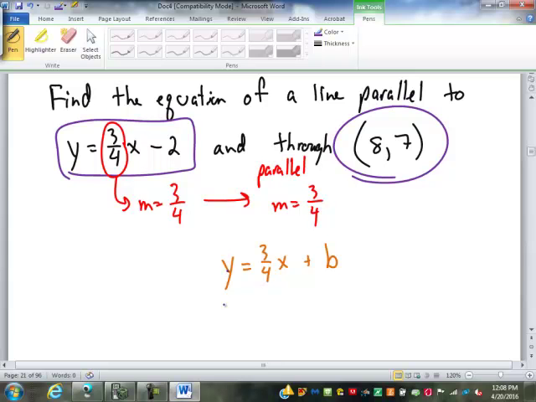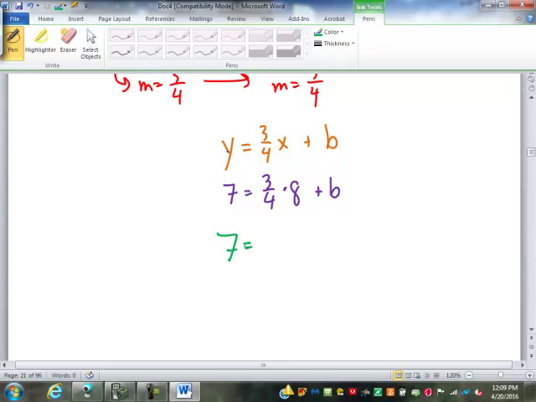So the y would be the 7 equals 3/4 times x would be the 8 plus b. 3/4 times 8 is 6. Solving for b now, I'm going to subtract the 6. I get 1 equals b.